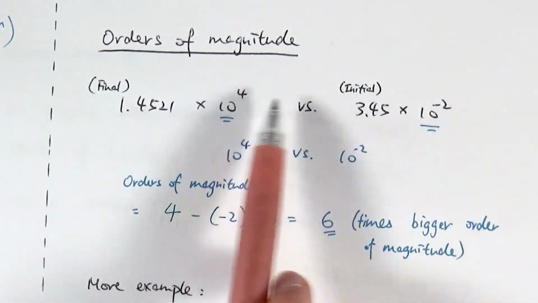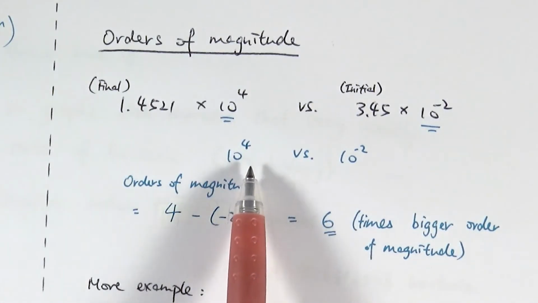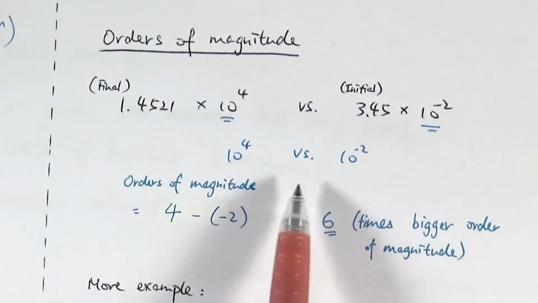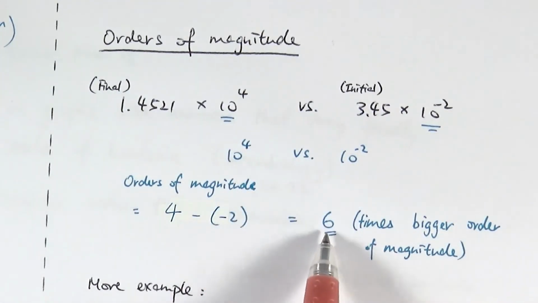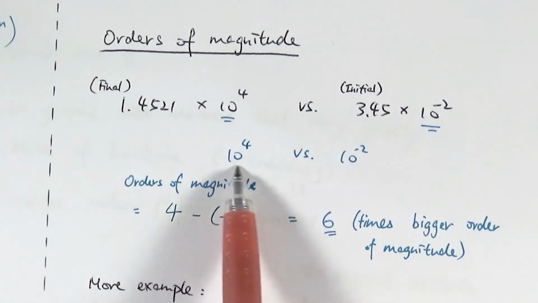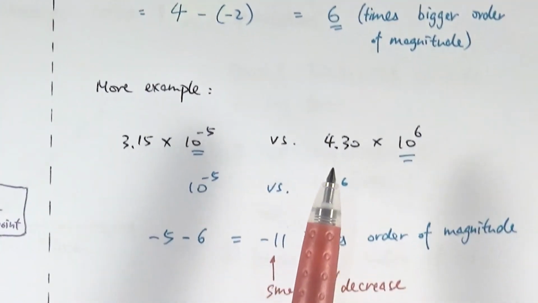The difference in the orders of magnitude would be 6, because you're going from 10 to the 4 to 10 to the minus 2. So you can say, if this is my starting point and it's becoming this, it is 6 orders of magnitude bigger. So simply look at the index of the base 10 number and work your way back like that. Or here's another example.